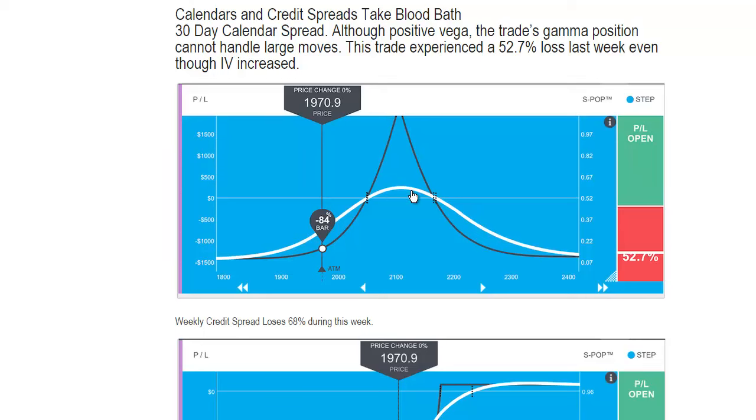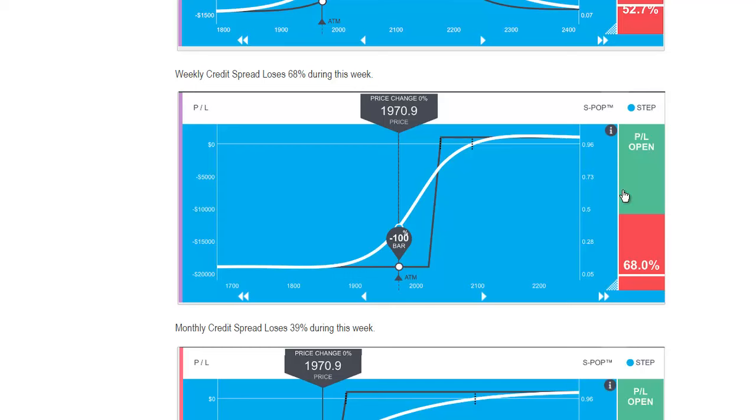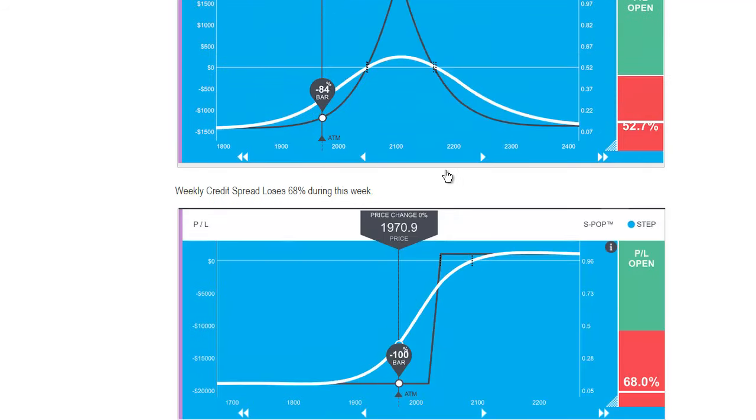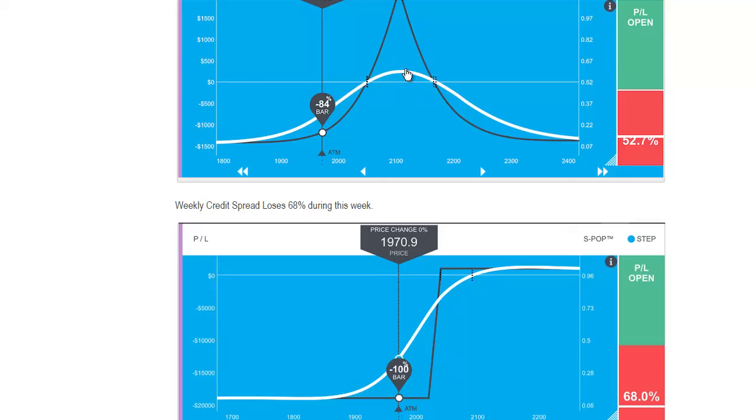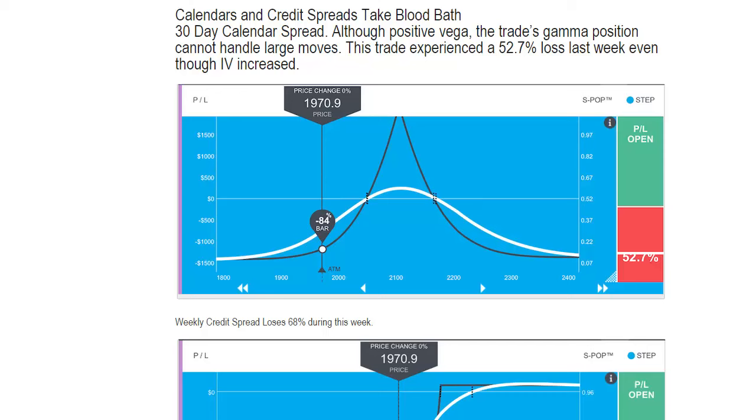Okay, so when I mentioned the negative gamma, I'm talking about this curve here. So you can see it down here on the credit spread. Again, look at that big move, and it just loses an awful lot. The calendar, same thing. The butterfly looks like this too. The covered call looks like that too. Okay, they all have this type of risk profile.